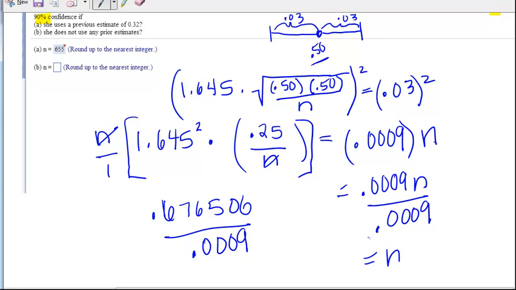So let me go ahead and divide by 0.0009, and I'm getting n is around 751.674, which makes sense. This is higher than the previous sample size because we don't have a previous estimate. Again, we round up to the nearest integer, so it would be 752 for our sample.